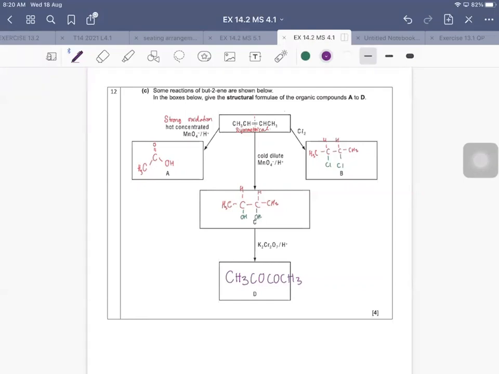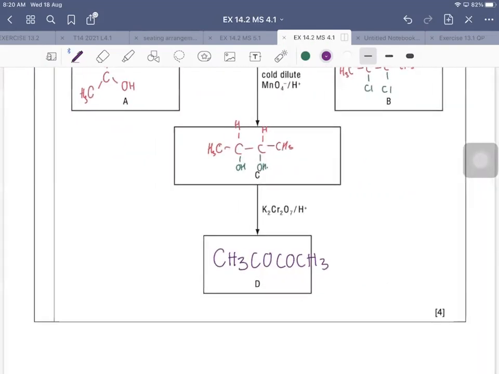Right, so the structural formula for compound D is given there, and you are expected to draw the skeletal formula. Okay, I'll leave that for you to try.